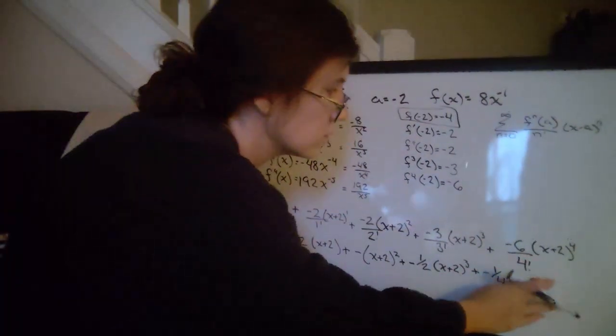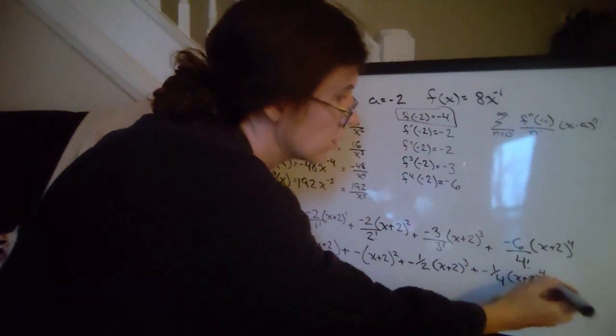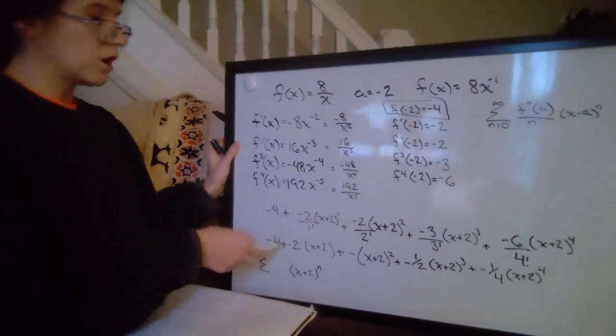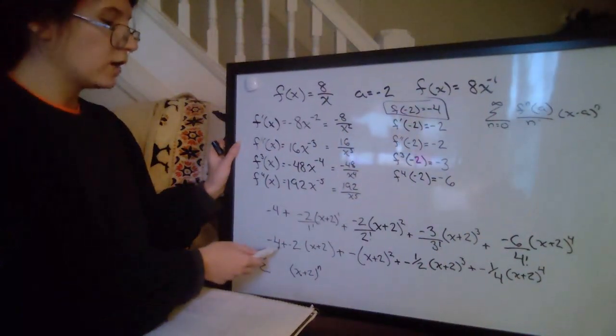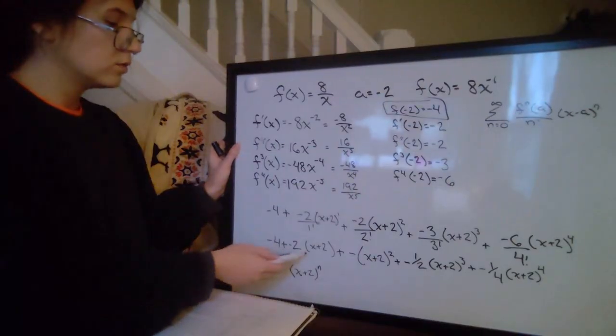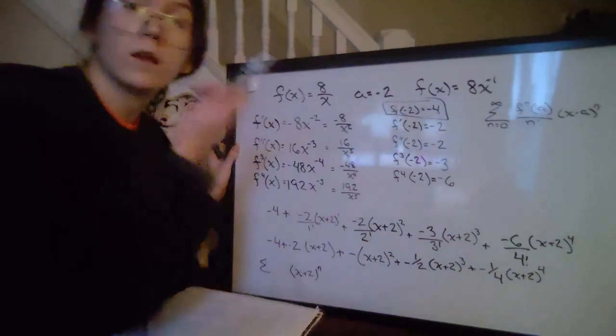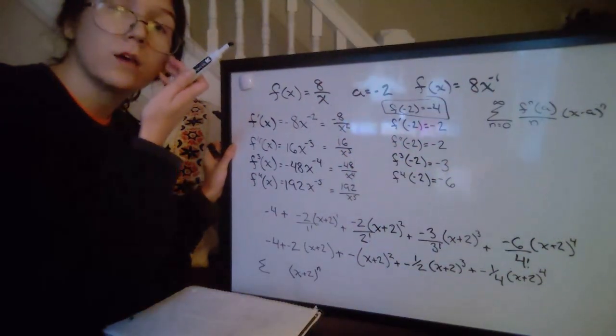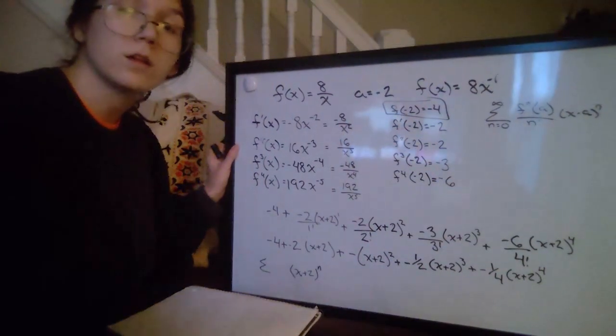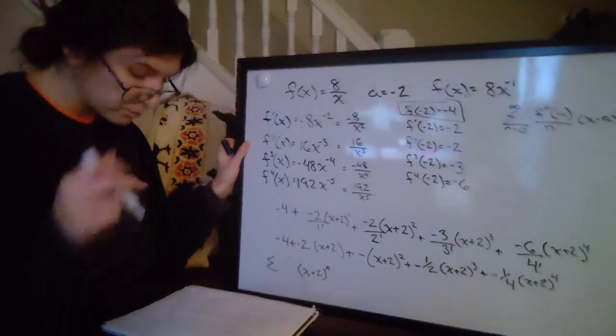Oh, this is to the 4. Excuse me. Nothing's really impacting that. If we plug in 0 for n, it turns to 1. 0 or 1 for n, 2 for n, 3 for n, 4 for n. Nothing's really canceling there, so that is just going to be in our answer. Nothing really to include there.